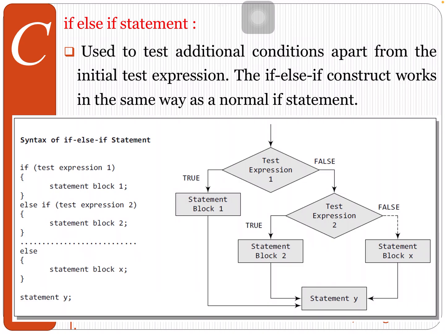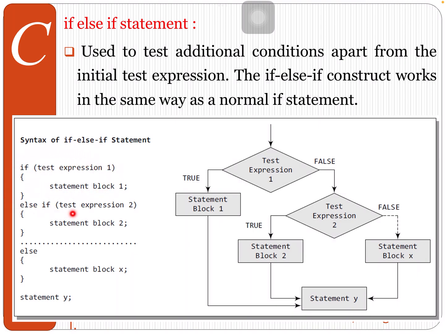Next we have the if else if statement. Sometimes we also call it a nested if statement. This is the typical syntax. If test expression 1 is true, it will execute this block. Otherwise it will come here and check test expression 2. If that test expression is true, then it will execute this one.